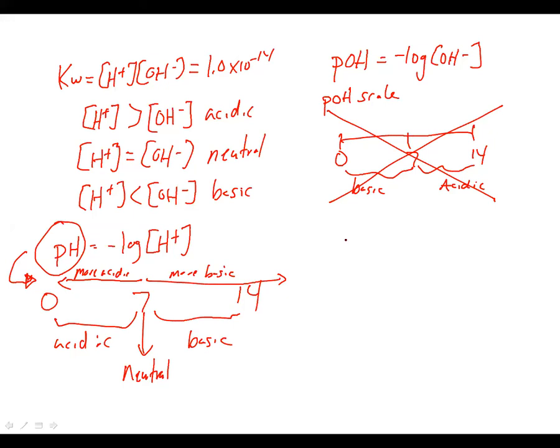The nice thing we saw at the very end was that the pH plus the pOH will equal 14. So it gives you some variety in how you can answer these questions. If you're just given the OH minus concentration, you could calculate the pOH, and then subtract from 14 and get to the pH pretty easily. So it is beneficial in that sense.